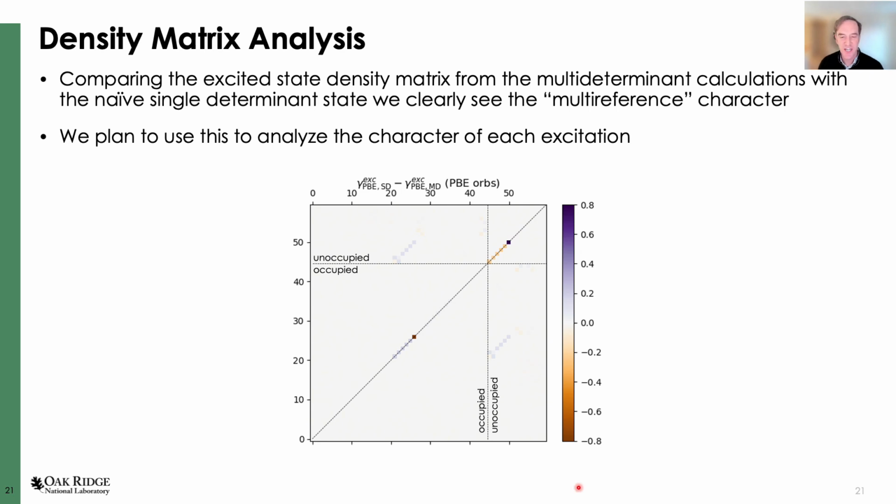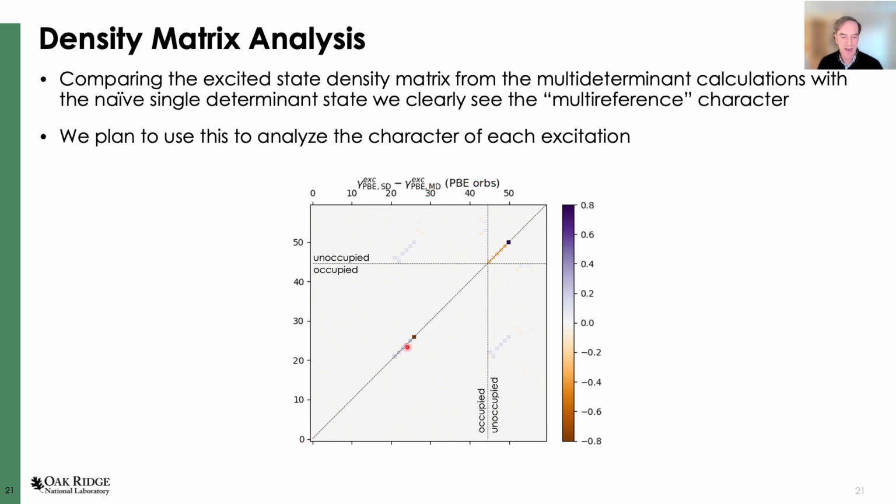Now, one additional thing that we can get from this methodology, which I think is also very important, is that we have very easy access to things like the density matrix, and we'll be able to begin to analyze the sort of flavor and characters behind the excitations that we're looking at. So what's shown here is a plot of the difference between the density matrix for the excited state single determinant minus the multi-determinant done in the PBE basis.